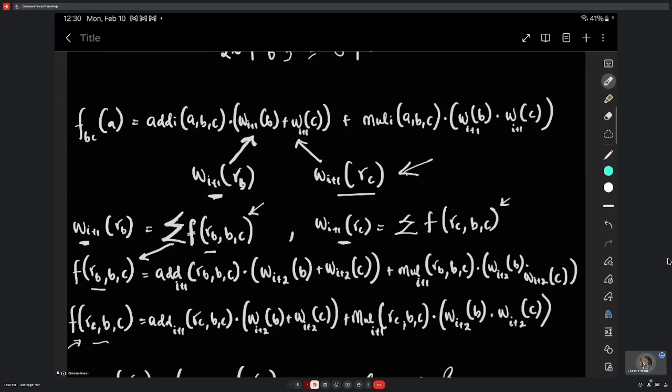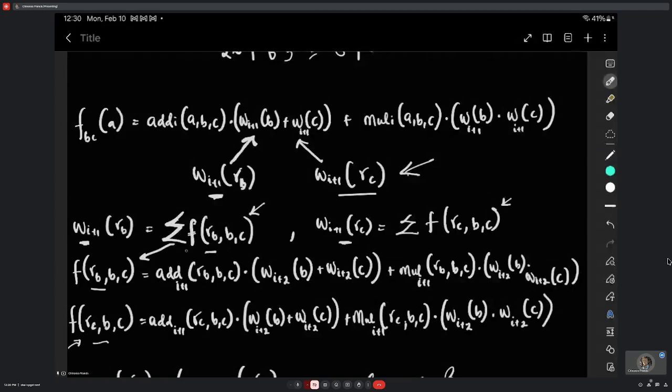So this wi plus 1 of rb is the sum of this f of rbc, and wi plus 1 of rc is the sum of this one, right? So when we combine them using that alpha and beta, right?